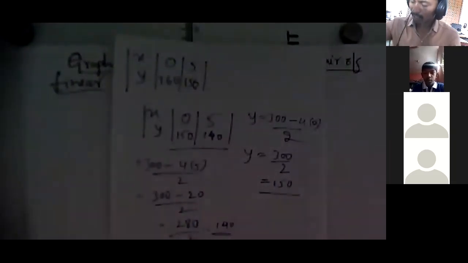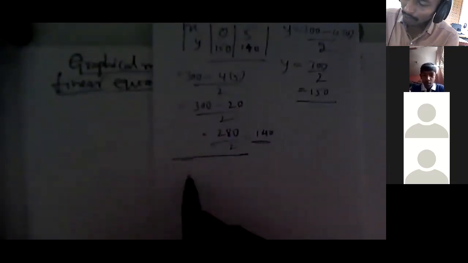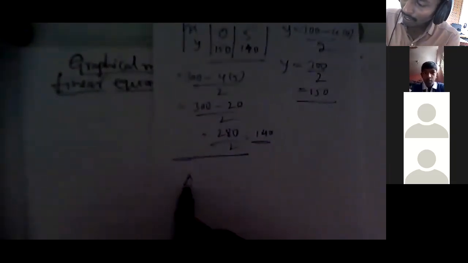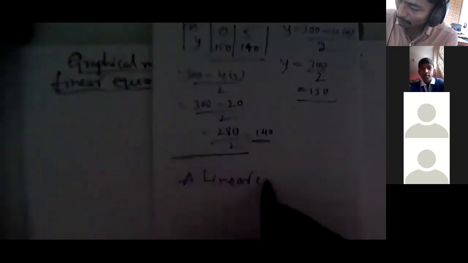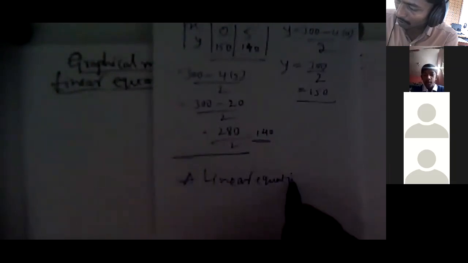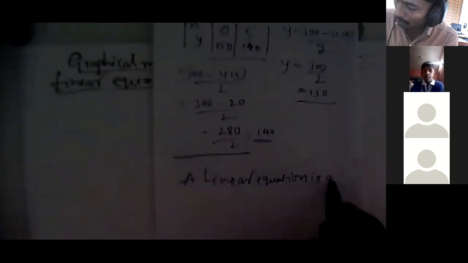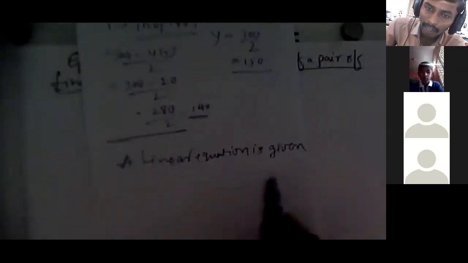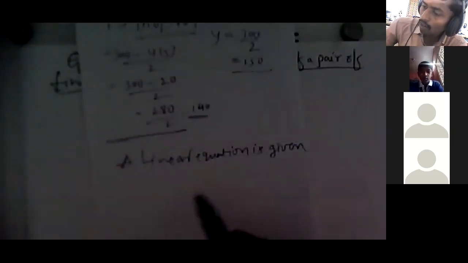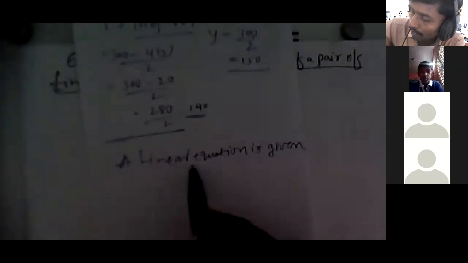Up to the last problem, what we discussed is that a linear equation in 2 variables is given.